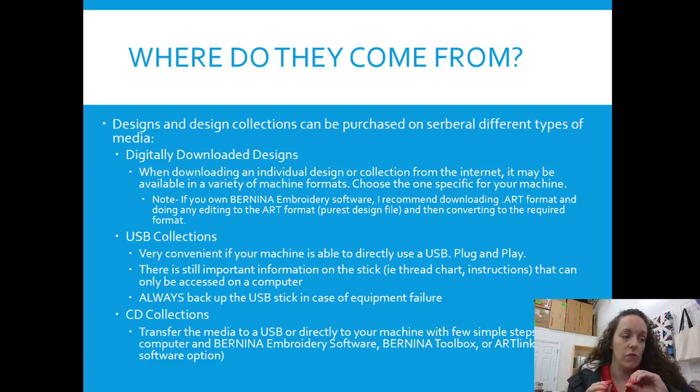It is the format of the design that your computer reads, not your sewing machine, but your computer, whether Windows or Mac, that type of thing. .art cannot be read in the sewing machine unless you have an older Bernina 200 or a Bernina 730. Okay, those are the only machines that really read art. And honestly, those machines also will read EXP, and EXP is a faster loading file, so I would use that.